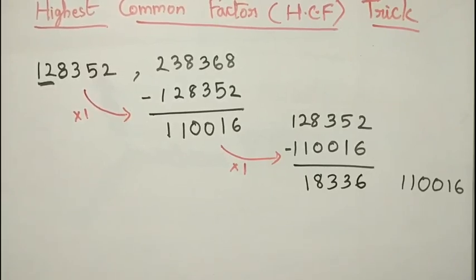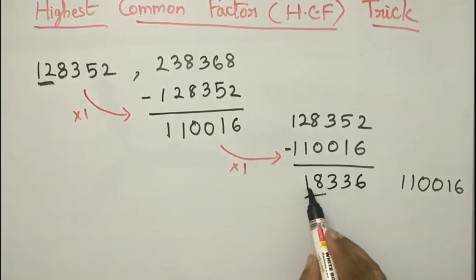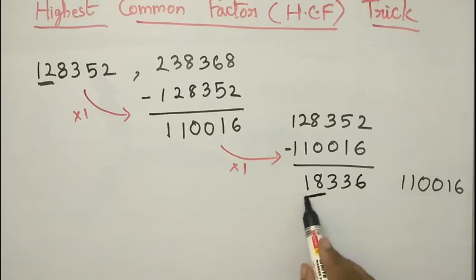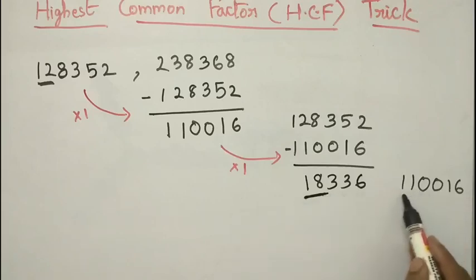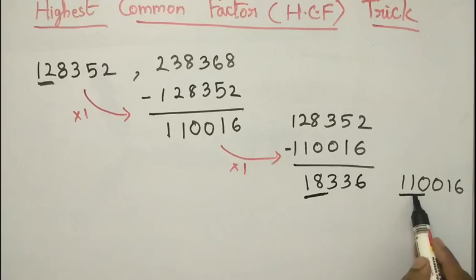8 6s are 48, 4, 6 ones plus 4 is 108. If I multiply with 7, I will get 8 7s are 56... I am doing a mind calculation here, that is, I am just checking where in the 18 table I will get a 3-digit number less than this.